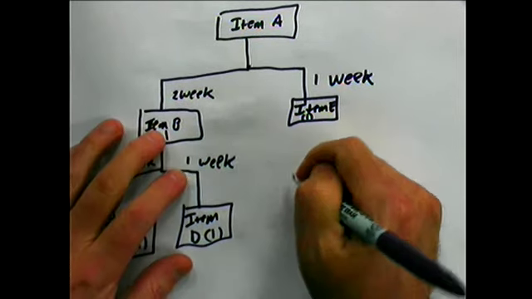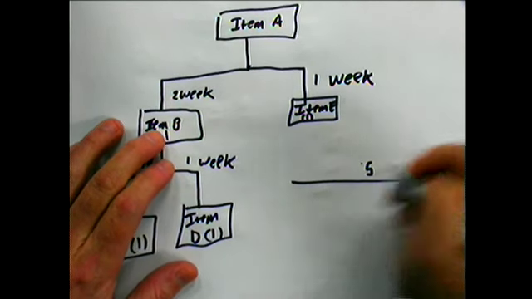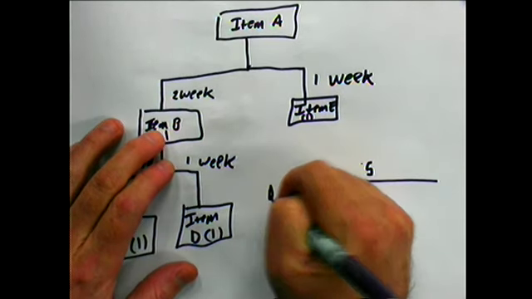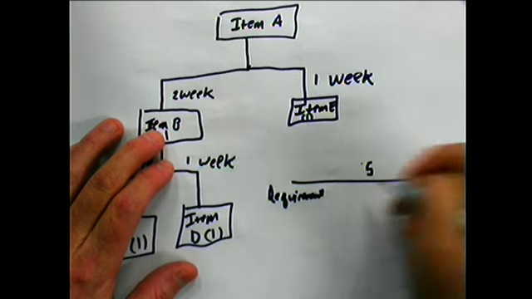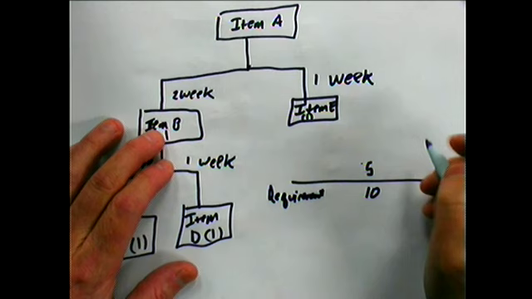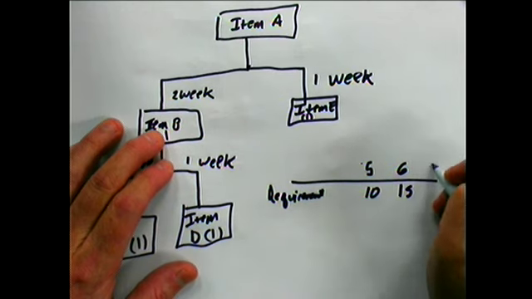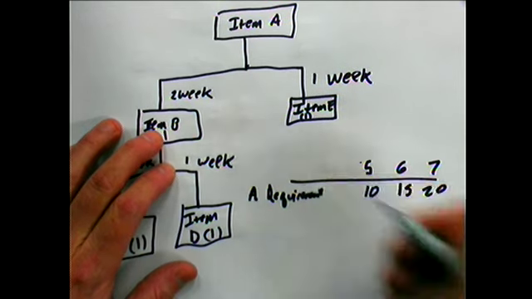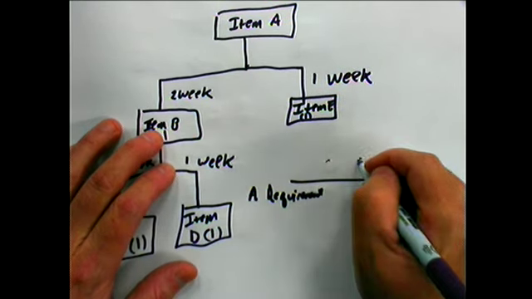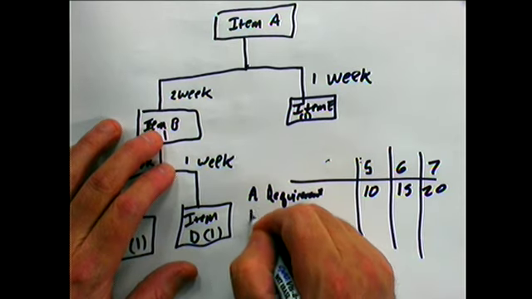And here is, say, week 5. My requirement is 10. And then 6, it's 15, and 7, it's 20, okay? And that's my A requirement. What we do here, what's my B requirement?